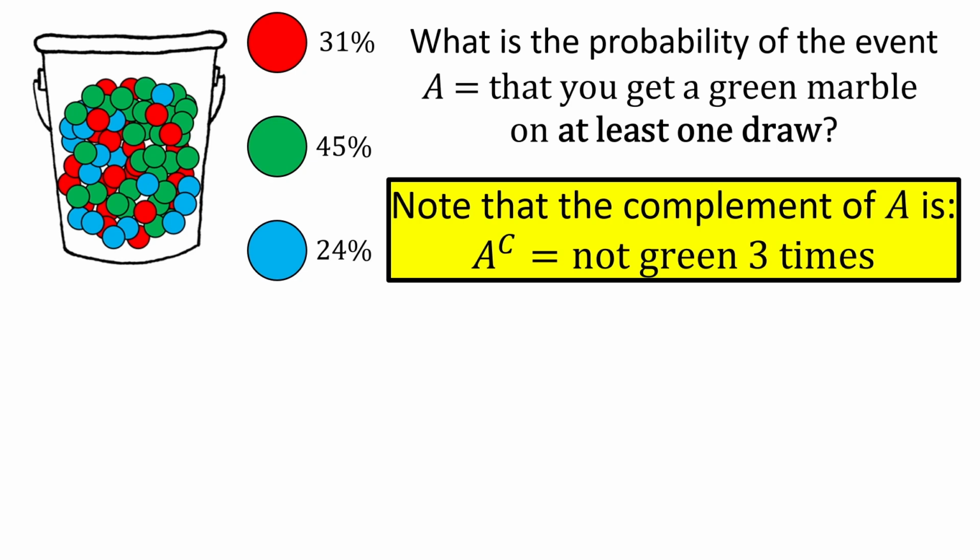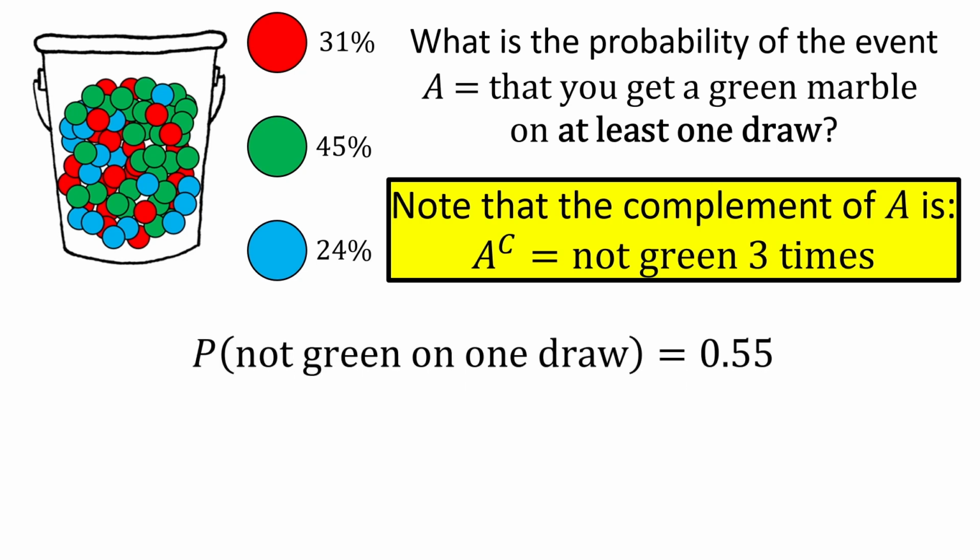So think about it. What's the probability that a marble is blue or red? You take one at random. What's the probability of getting a blue or red one? In other words, what's the probability of not green? That probability is 31% plus 24%. So the probability of not green on the first draw is 0.55.